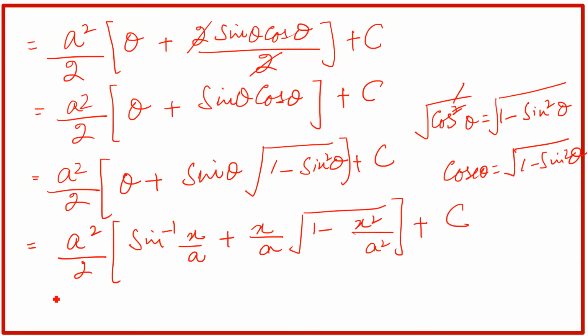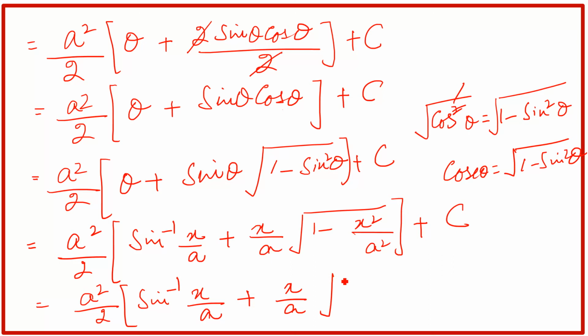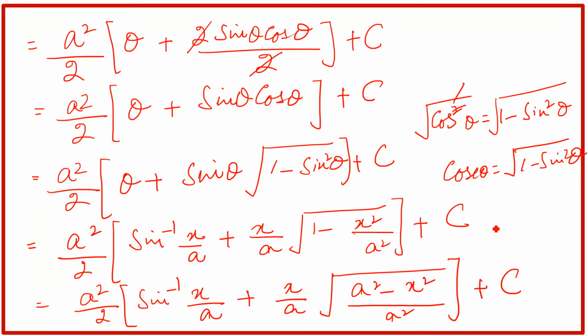This is a fraction, so we will take the LCM. So a square over 2, sine inverse x over a, plus x over a, times the square root of a square minus x square divided by a square, plus c. Right, in the next step, the square in the denominator will cancel with this.